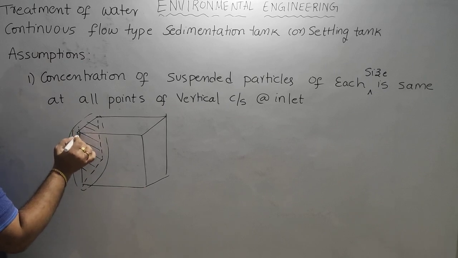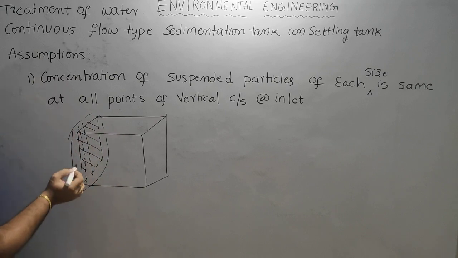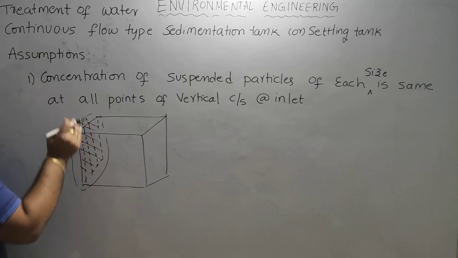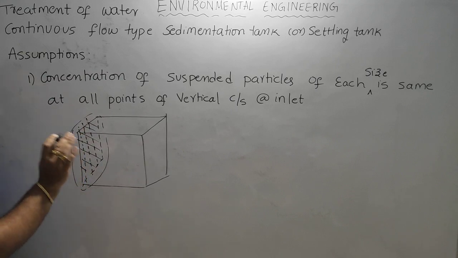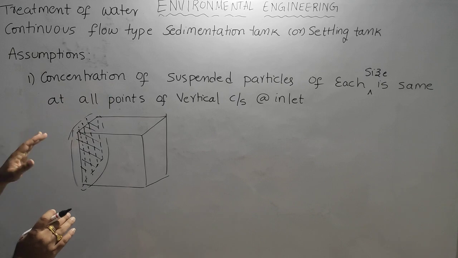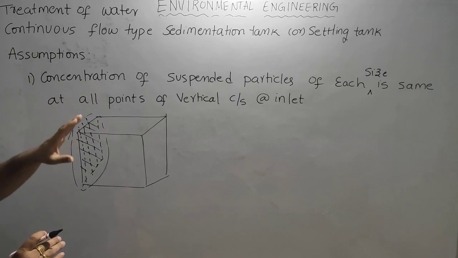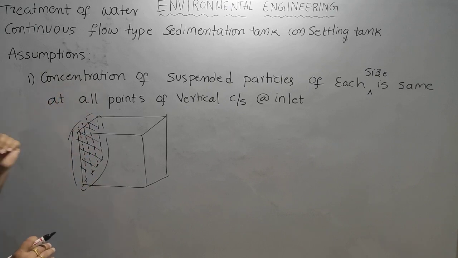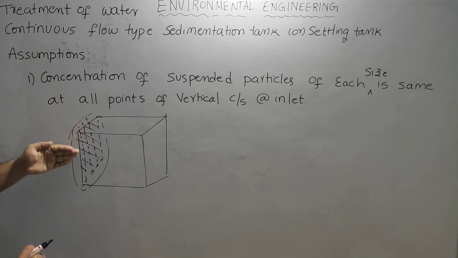If you take a vertical cross section here, the particles are the same; if you take one here, the particles are the same. So every vertical cross section has the same concentration of particles. That means we assume that the suspended particles are uniformly distributed at the inlet. That is the first assumption.